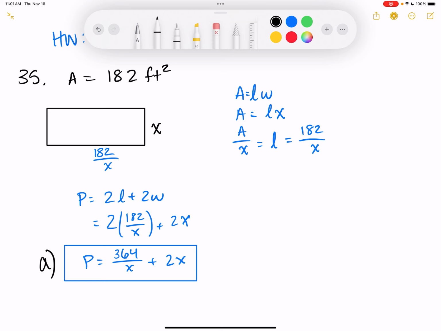And that's going to help me solve that. I would input this as a fraction, so it's easier to deal with. Just make sure you type it in correctly.